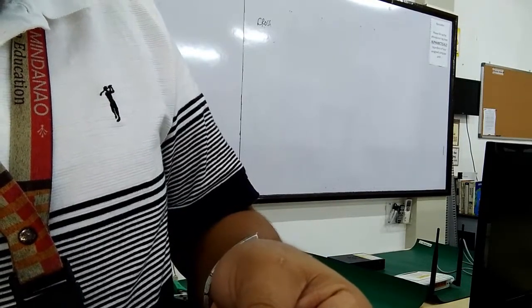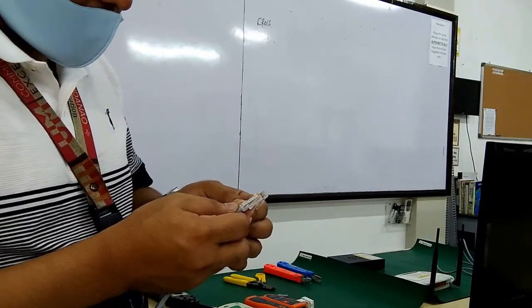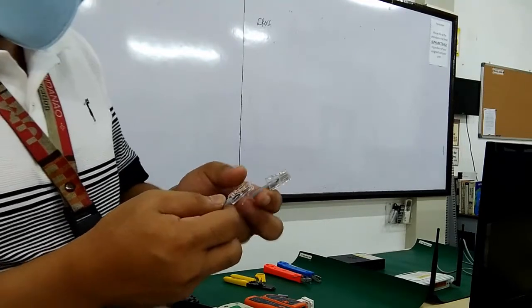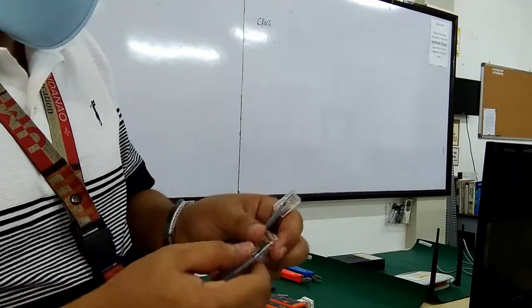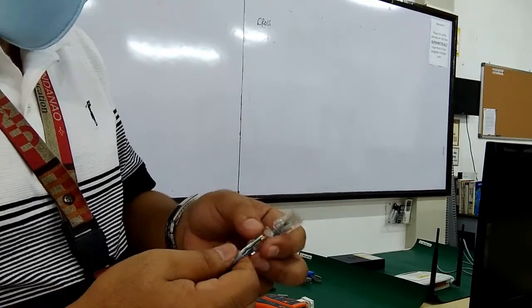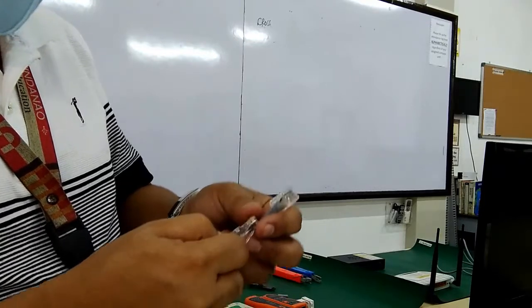So let's check. I think we have white blue first, and then green.